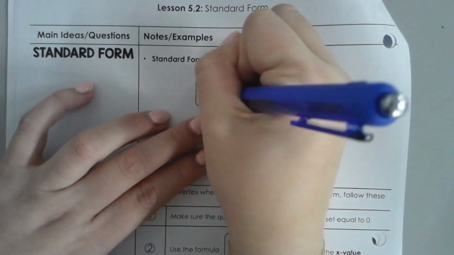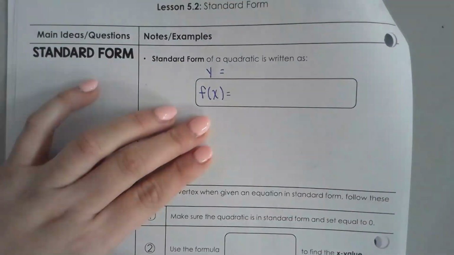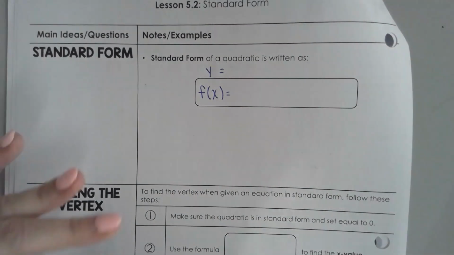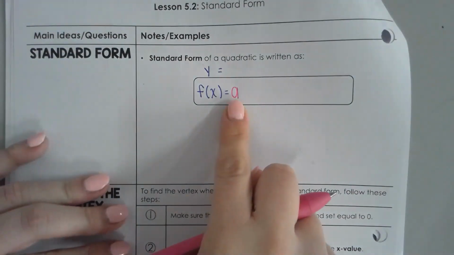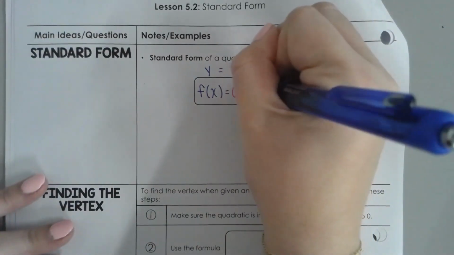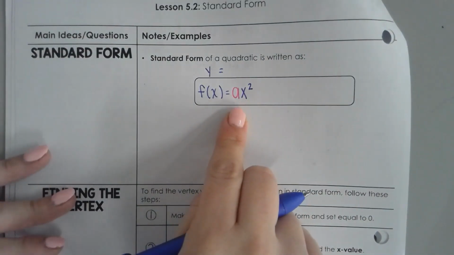f of x equals, or possibly y equals, either one. And then you're going to have some number, which we're going to call a for right now. That number is going to be with the x squared. So any number that's paired with x squared, we call a.